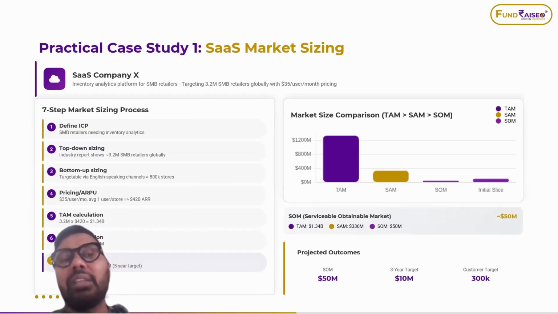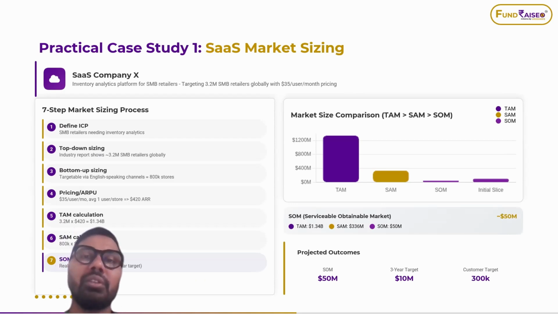Let me now spend some time on a practical case study. Here we are looking at a SaaS company. We did this exercise some time back, where we helped a person who had created a SaaS solution, which was essentially a platform for analyzing inventory for SMB retailers.